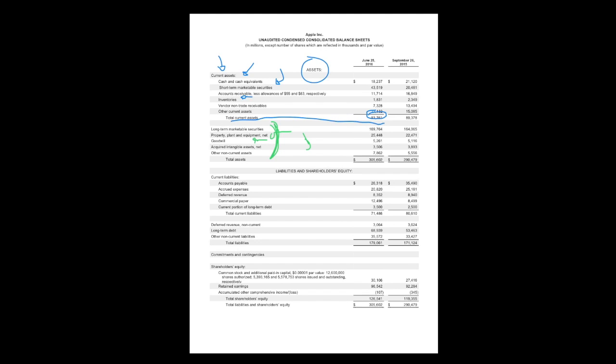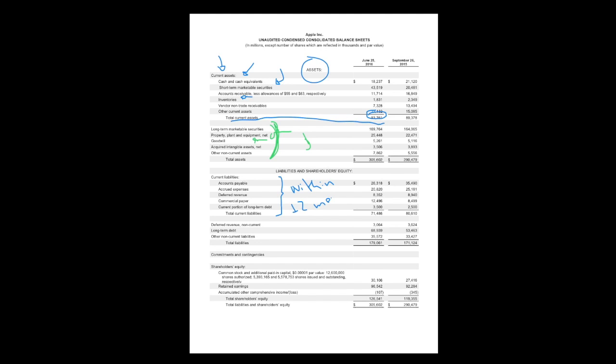Now, when we go to liabilities, it's the same story. We have current liabilities, and with liabilities, when you say current, you normally think that you need to pay these back within the next 12 months.